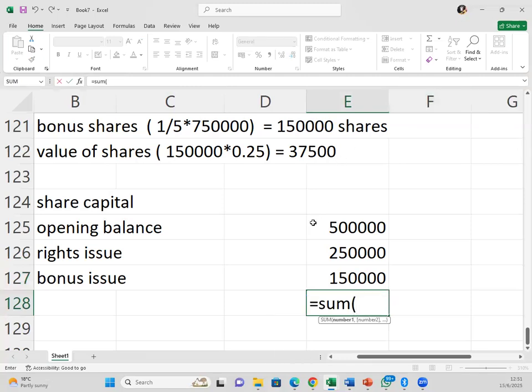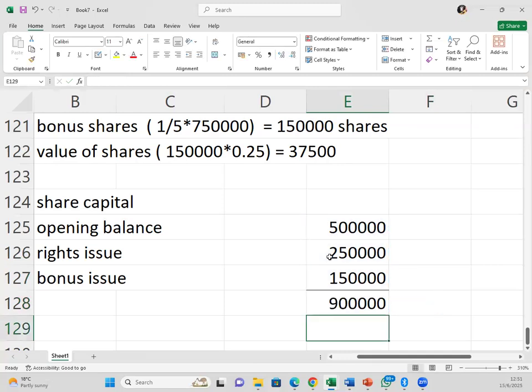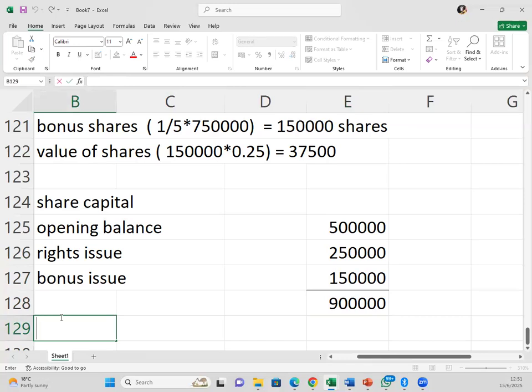We can sum that up. So we have 900,000 shares. So for share capital, we have 900,000 shares, but each share is of 25 cents. 900,000 shares at 25 cents each.